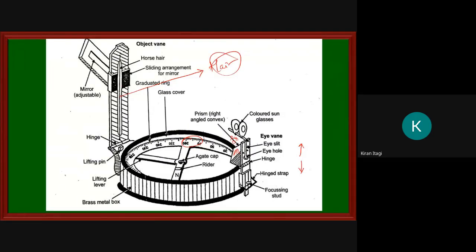So it should bisect the ranging rod. If this is my ranging rod, the hair should be at this point. Means both should be in the same line, like ranging.